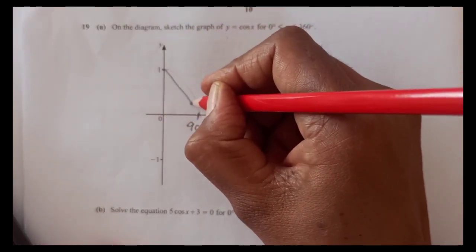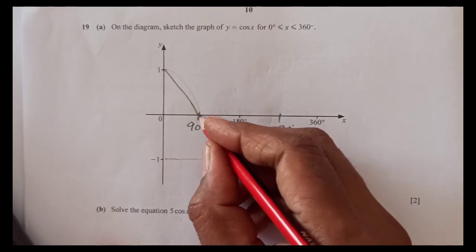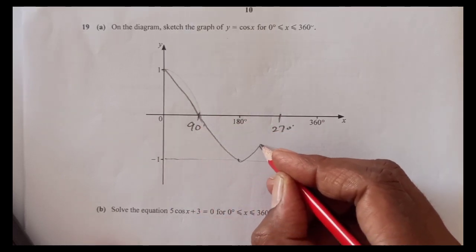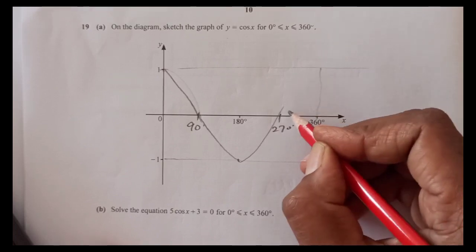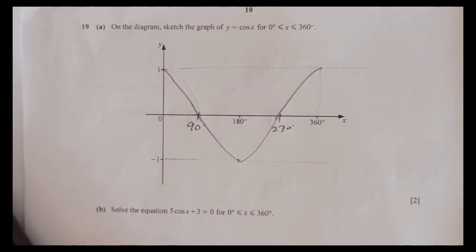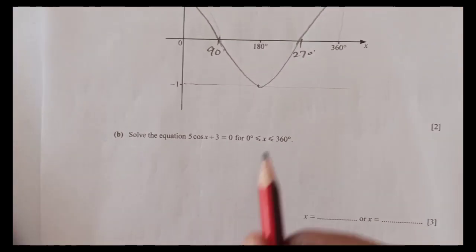Cos 90 is 0, cos 180 is negative 1, so it should come over here, up to 360, like this. This is the standard graph, right? You have nothing else to do here.